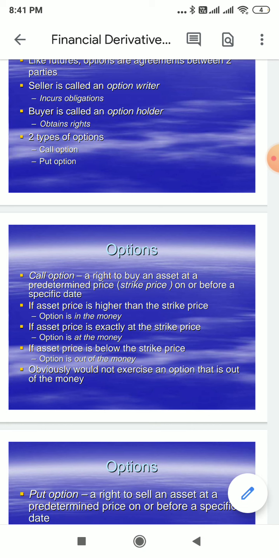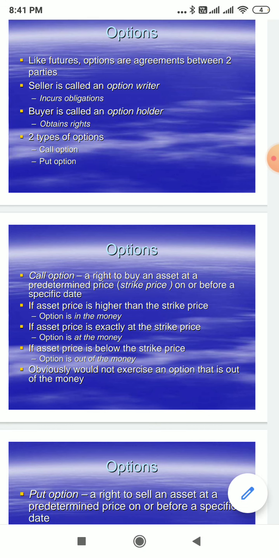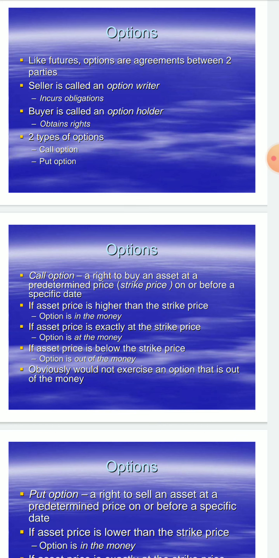What is the case of a put option? The buyer of the put option has the right to sell. Either he can sell or he need not sell, whereas the seller of the put option has to compulsorily buy. That is the logic of an option.